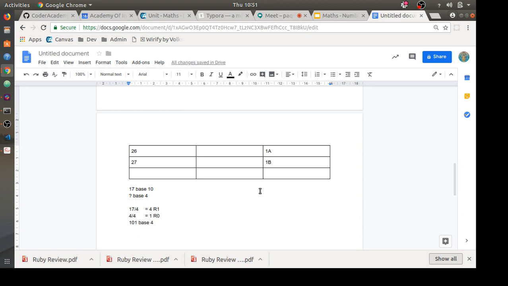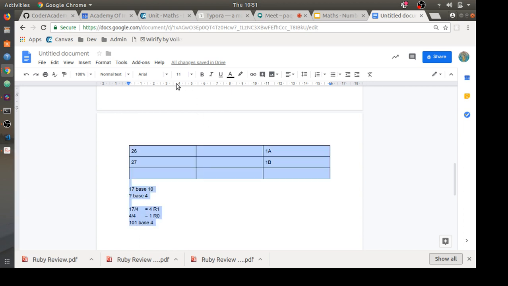Yep, and we can double check that. What we've actually written there is 1 times what? 1 times 4 squared, because remember the first place is the 0 place, 4 to the 0, the 1's place, then it's 4 to the first, and then 4 to the second in the third place.